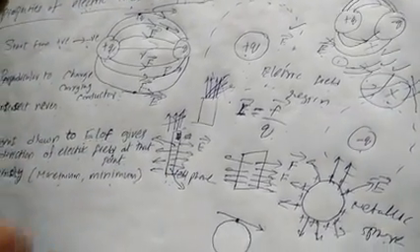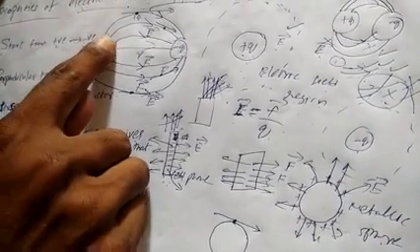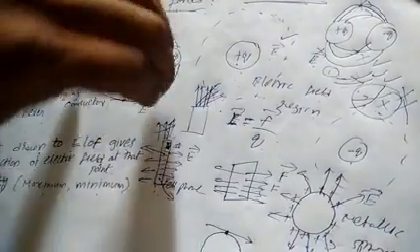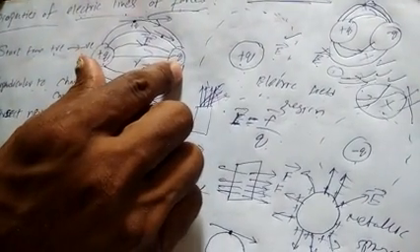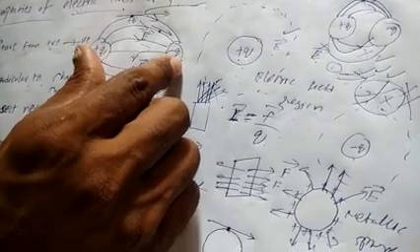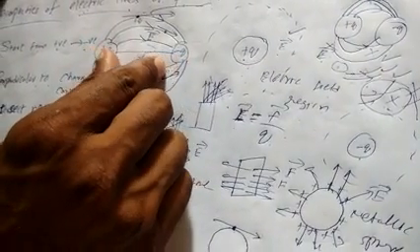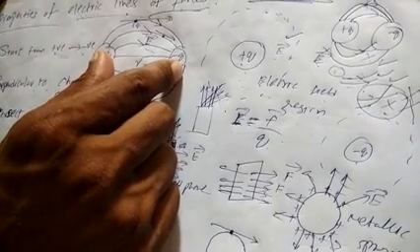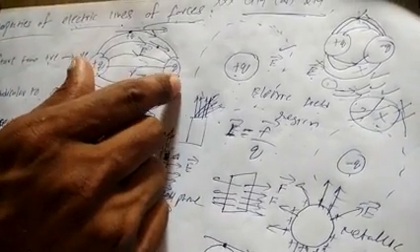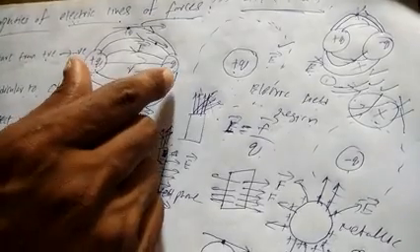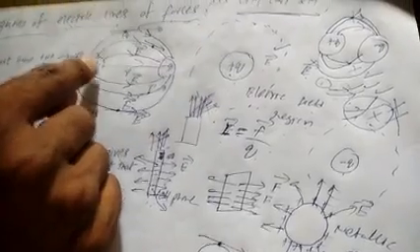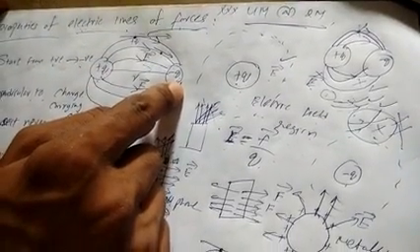Suppose, ma, if you see here near to these charges, all the electric lines of force are gathering. If we bring the charges like this, the electric lines of forces are maximum.